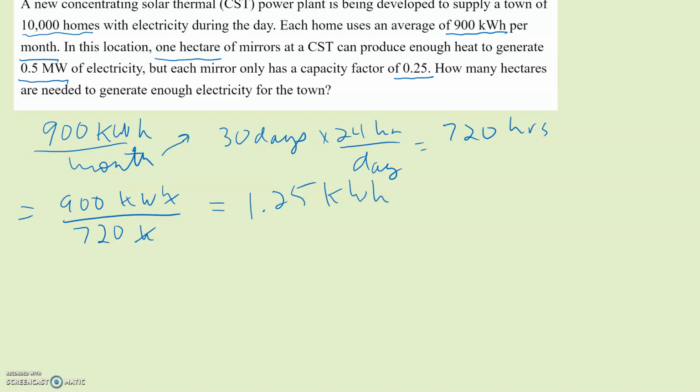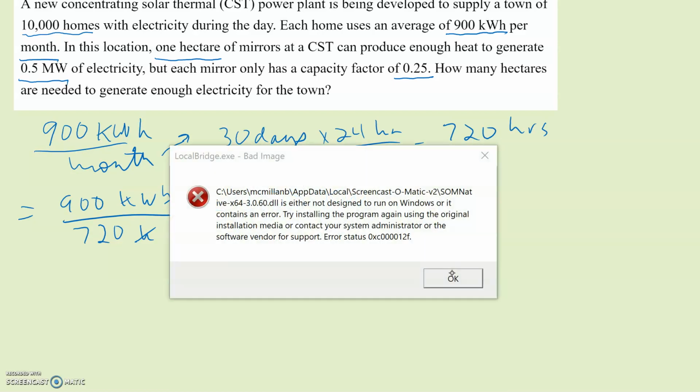So we have 1.25 kilowatts is the rate that people used power.